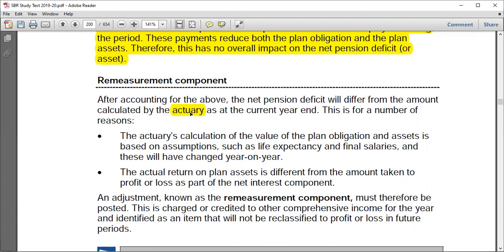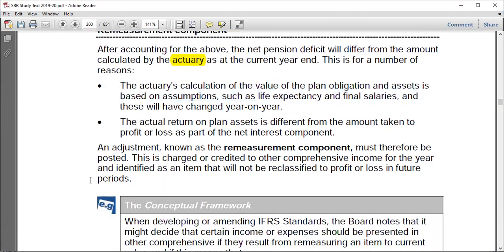So you have to take that difference as the actuarial gain or loss, or remeasurement gain or loss, right? So that's what you need to know. The explanation says the actuary's calculation of the value of the plan obligation and assets is based on assumptions such as life expectancy and final salaries. No issue about this. The question would explain this, but most of the time they give you already.